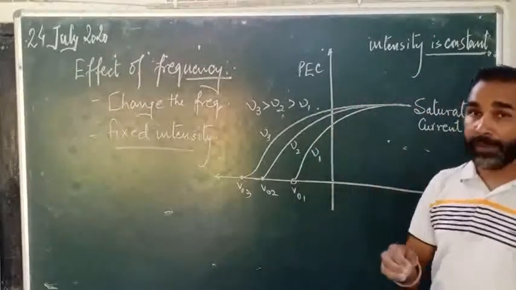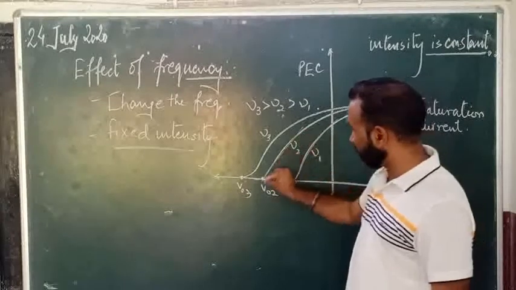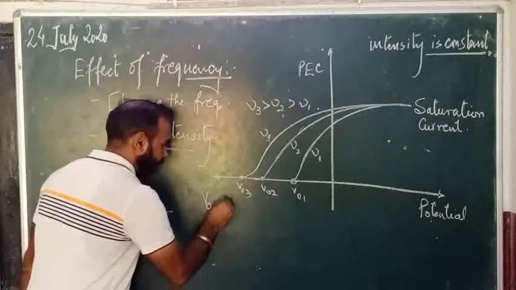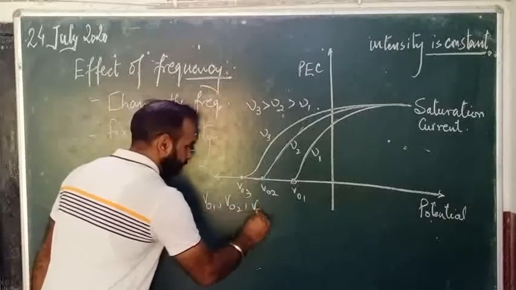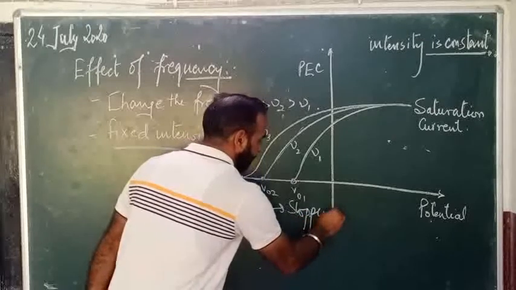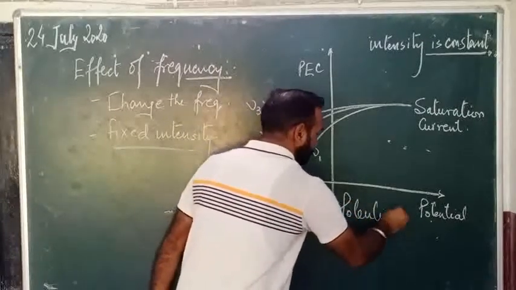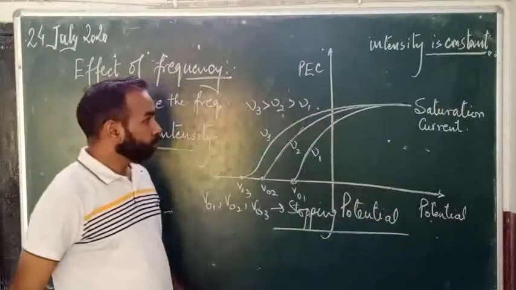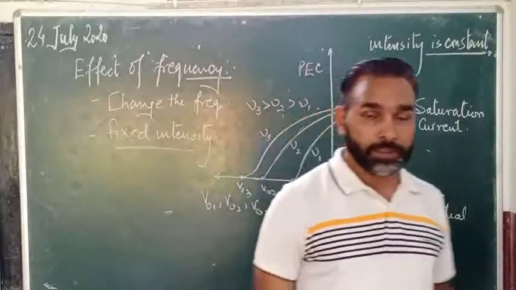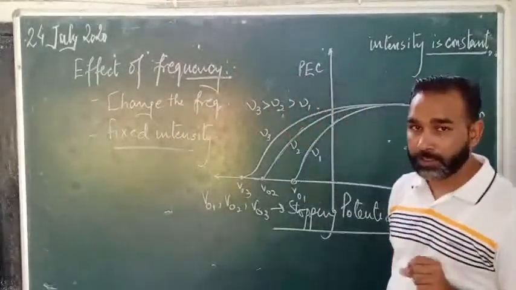So for the same intensity, V0, V01, V02 and V03 are the stopping potentials. They are stopping potentials.